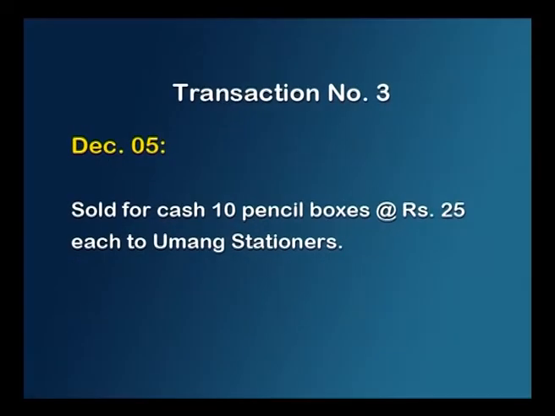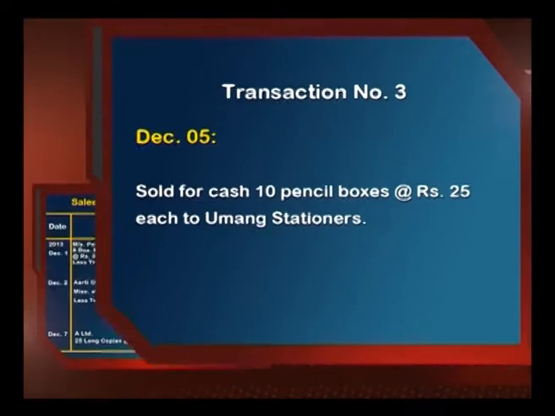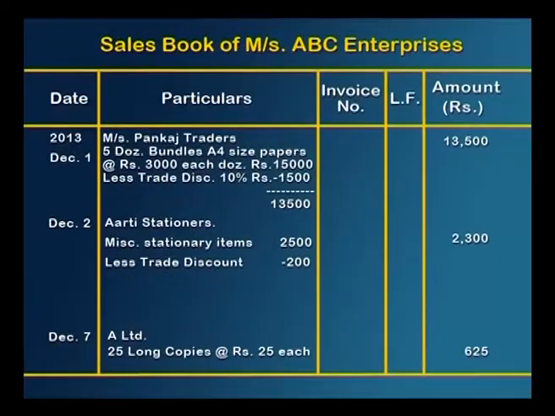Now, talking about your next transaction, December 5th, just observe that this transaction is not recorded for the obvious reason that it is a cash transaction. So, it shall not be recorded in the sales book. The last transaction, December 7, is again a credit transaction, so it has been recorded.